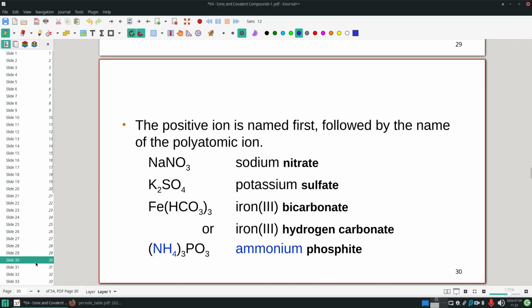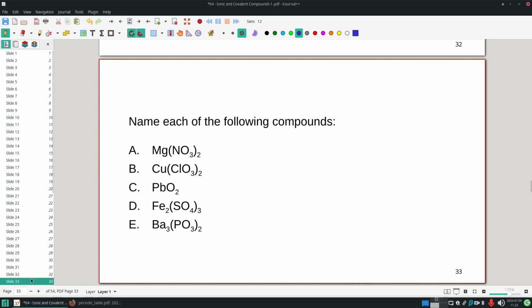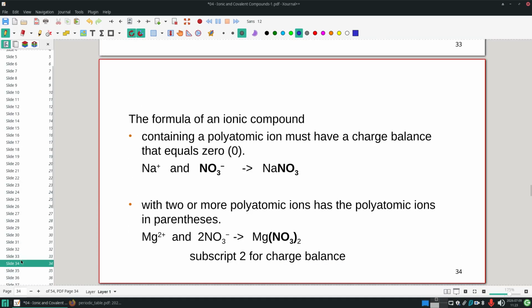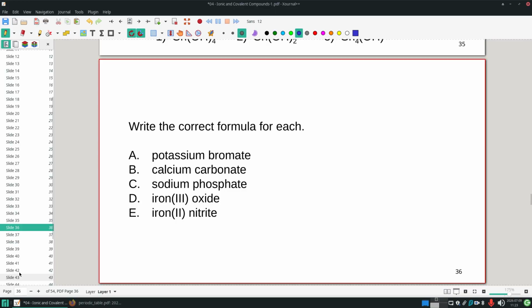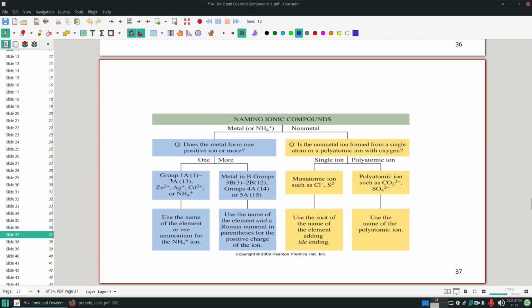When we name these, we're going to come back to this wonderful thing. I have this nice little flow chart here. Our cations always fall into 1 of 2 categories when there is a metal involved. They're either in group 1 and 2, so actually, I'm going to change this to say group 1 and 2.